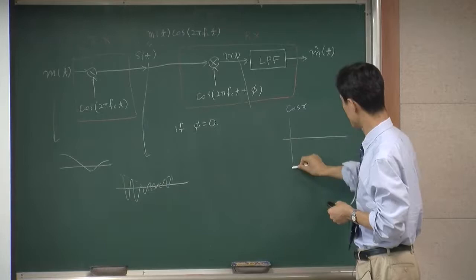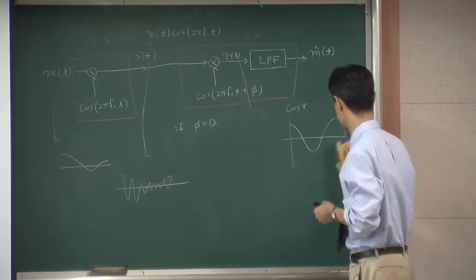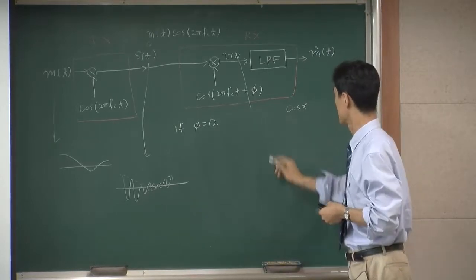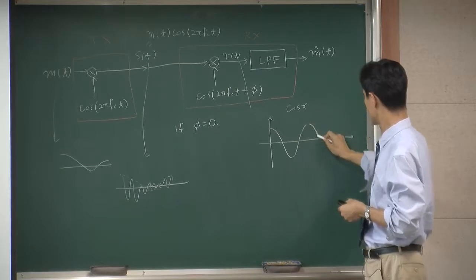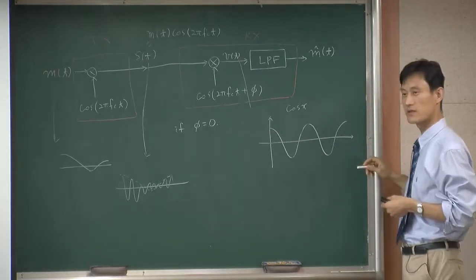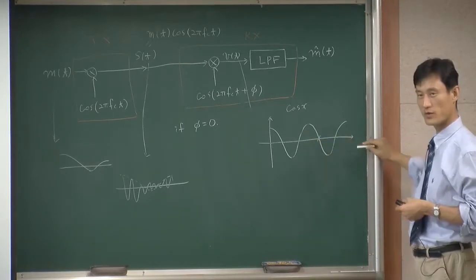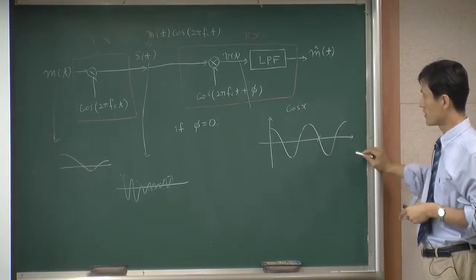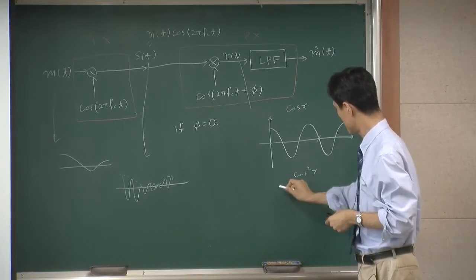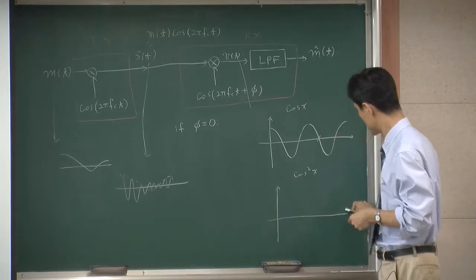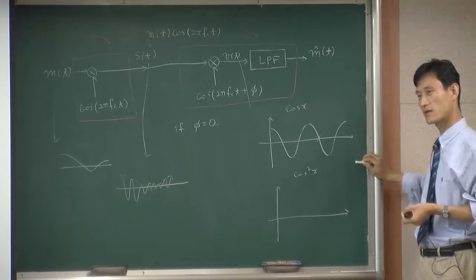We know that cosine x looks like this, right? This is cosine x. We have a 2 pi here, so we have a cosine here. What about cosine square? In general, what does cosine square look like?